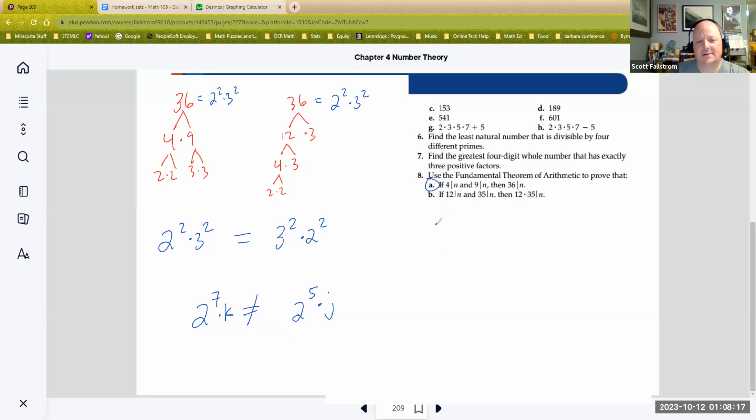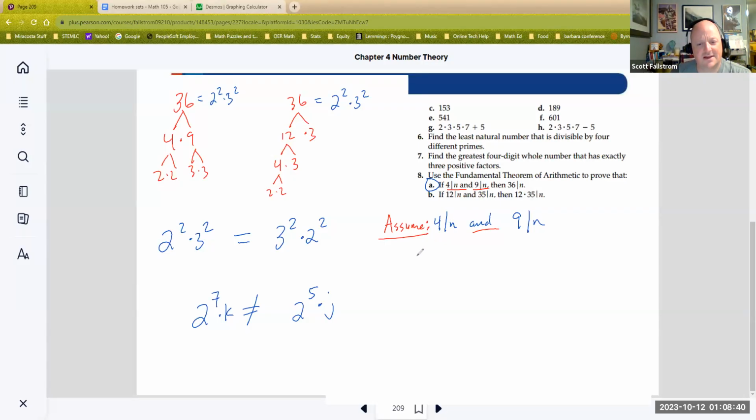Part A says, if we know 4 divides n, and we know 9 divides n, can you prove that 36 must divide n? As you go through and do that, we'll start by saying we can assume that these two are true. It's an and statement, so both have to be true.